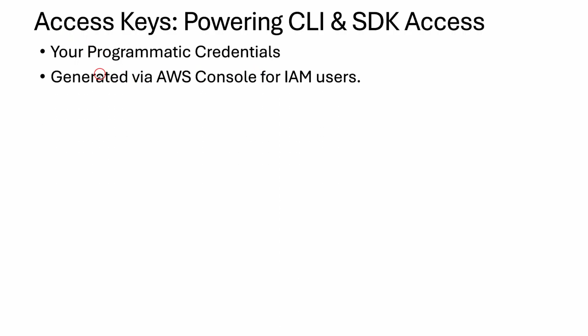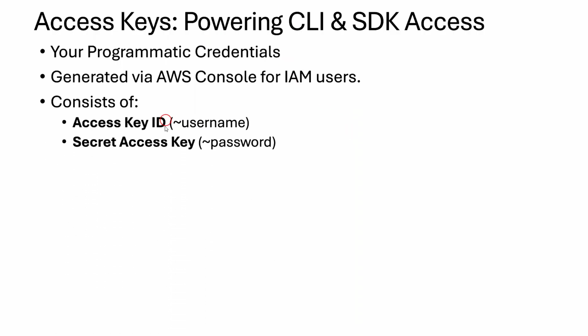And these access keys are generated via the AWS console for IAM users. So as I mentioned earlier, initially the root user creates the IAM users and creates the access keys for those IAM users. So the IAM users or the root user use those access keys to programmatically access AWS resources through CLI or SDK.